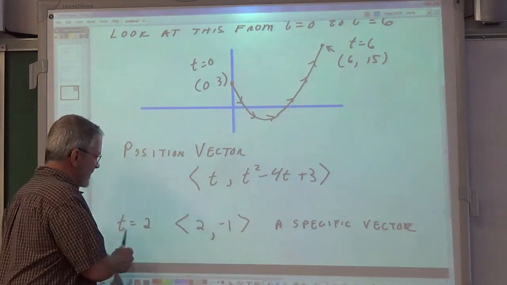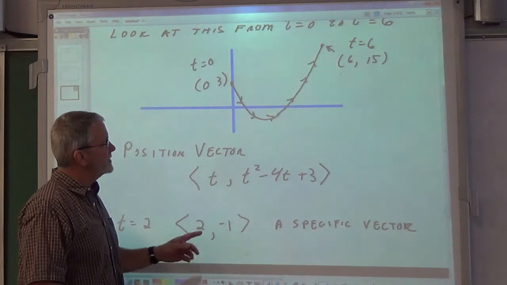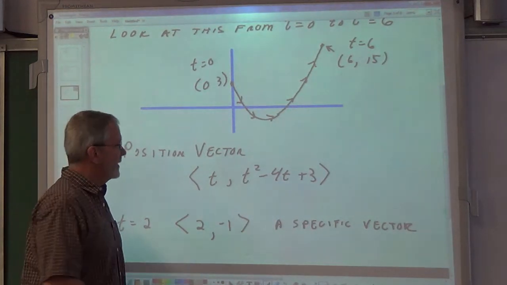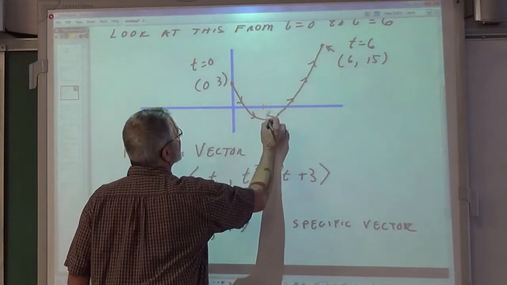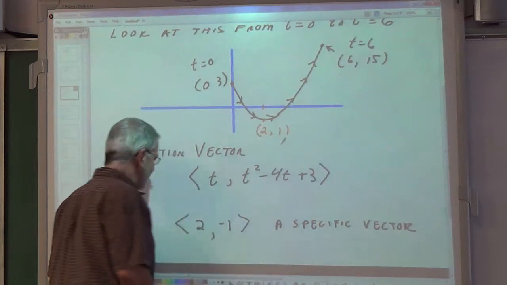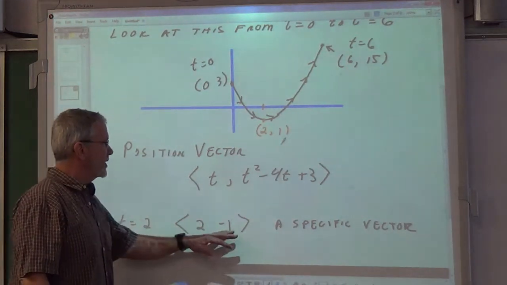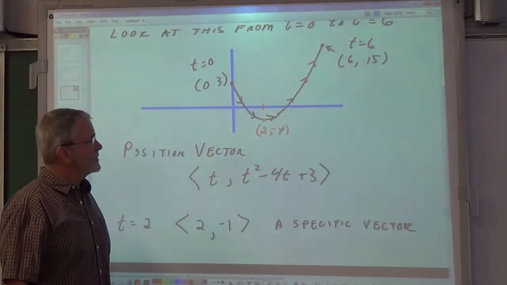If I think at time t equals 2, this bug is at the point 2, negative 1. And that point happens to be this point right here. I can think about that vector 2, negative 1 as a specific vector.